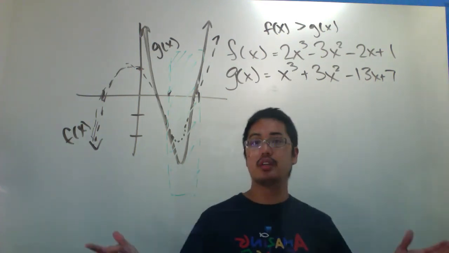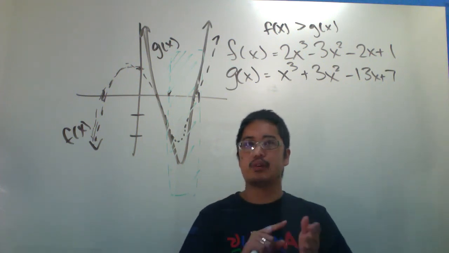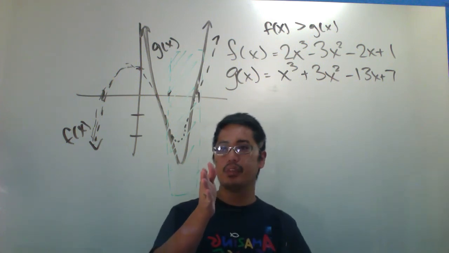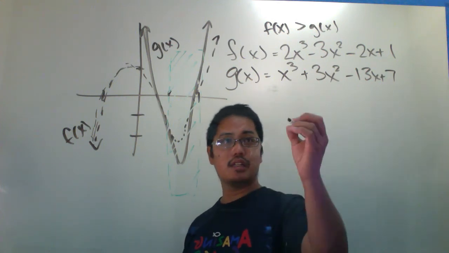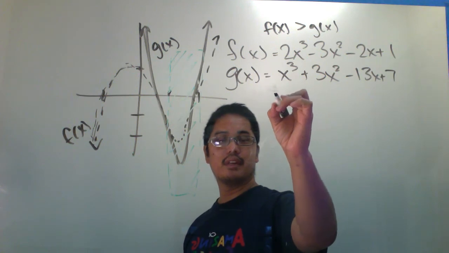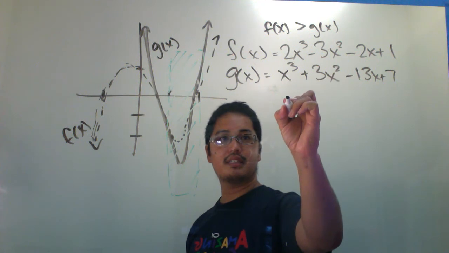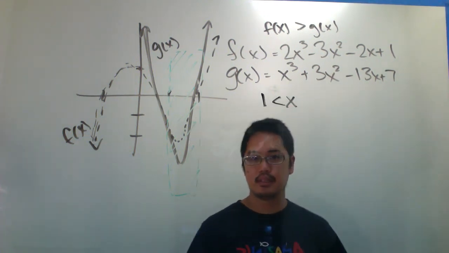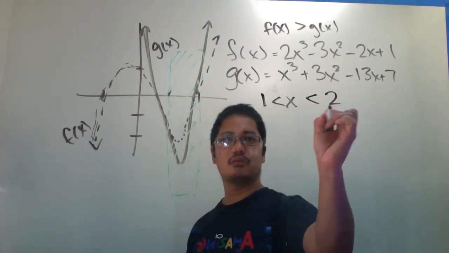Now I admit to you, I'm just looking at the graph. I can't really tell for sure which is bigger. If I were to give you an answer, I would say f of x is bigger than g of x when x is bigger than 1 and smaller than 2.